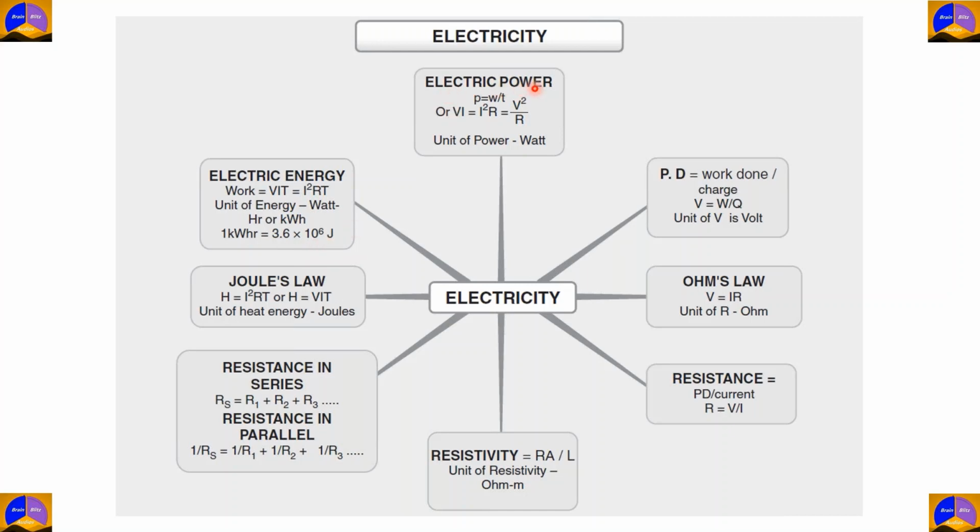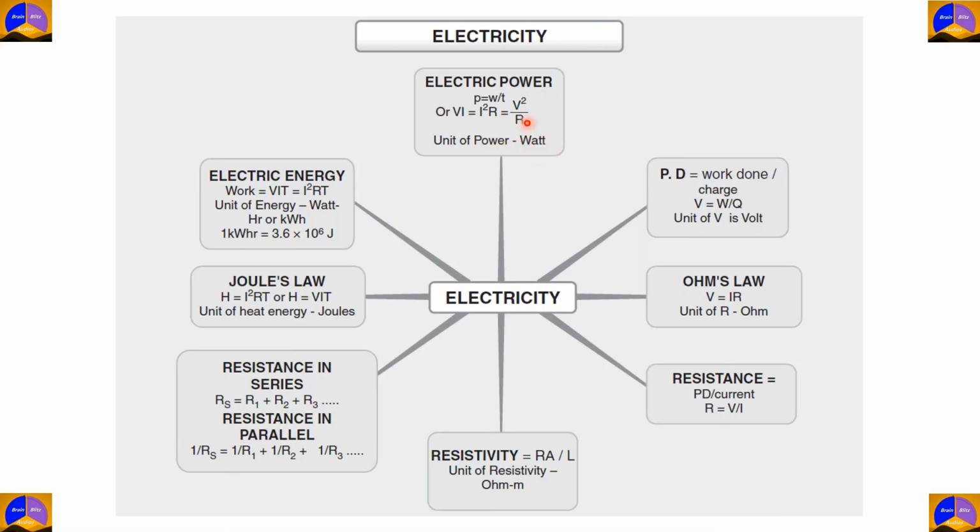Electrical power can be described as work divided by time, or in other formulas, VI, potential difference into electric current, or I square R, electric current squared into resistance. The unit of electric power is watt.